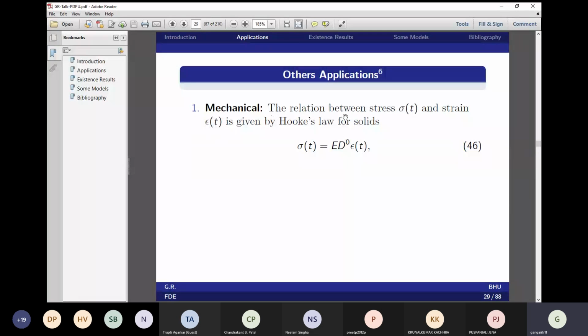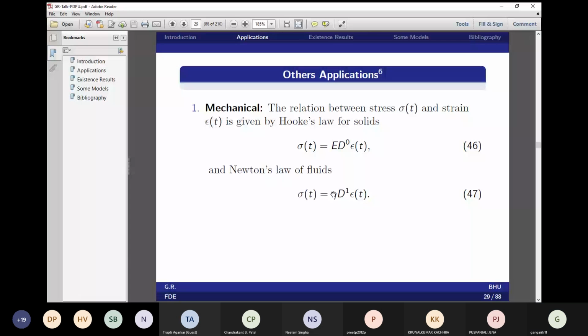You also know that the relation between stress and strain is given by Hooke's law for the solid and Newton's law for the fluid. So basically this is the relation between the stress and the strain. Relation 46 gives it for solid materials, and Newton's law gives the relation for fluids.